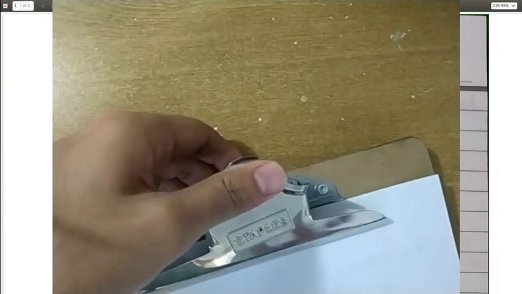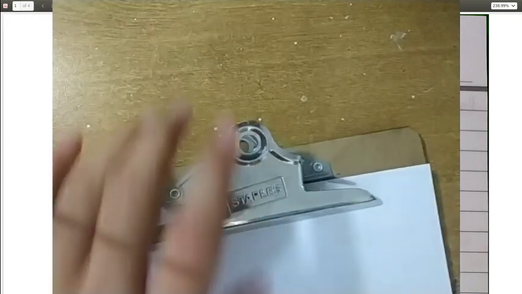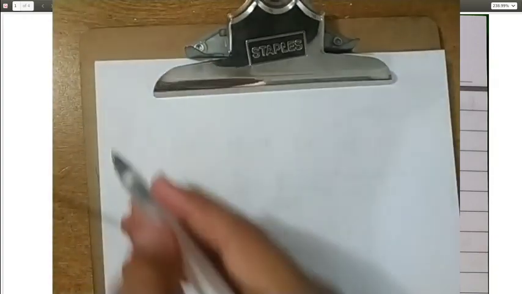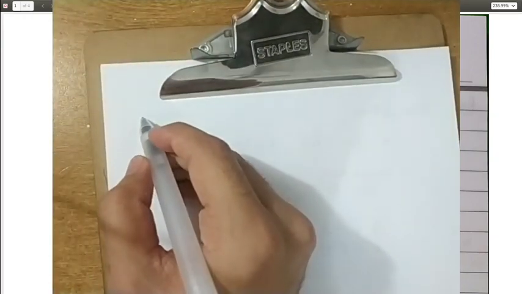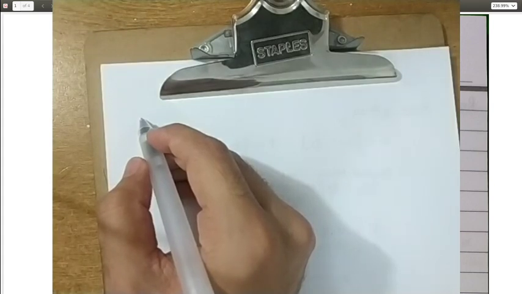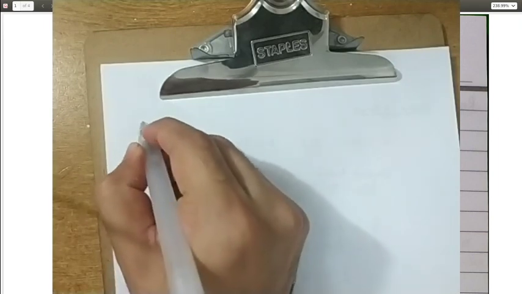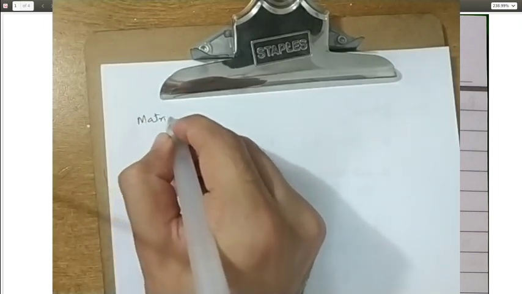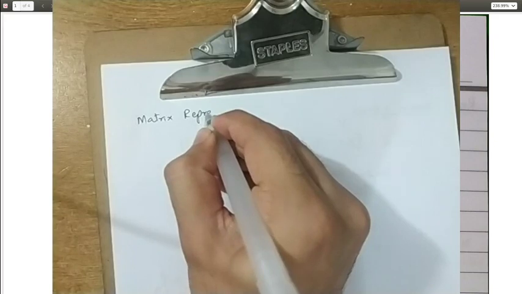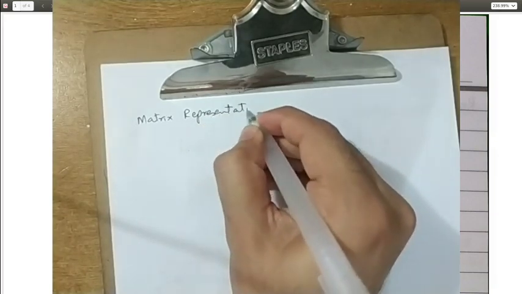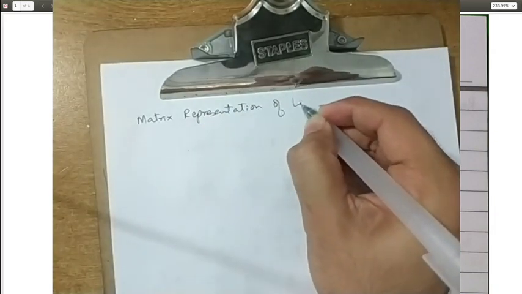Another thing that we did just last week, or rather in the last lecture, was as follows. What we were trying to achieve in the last lecture was to look at the matrix representation of linear transforms.